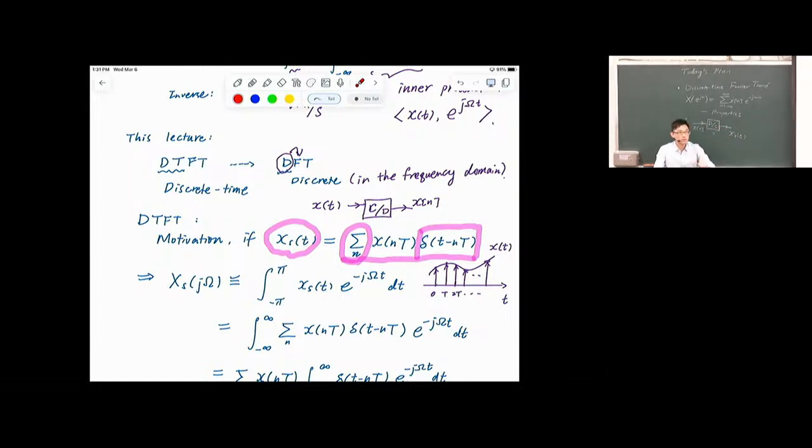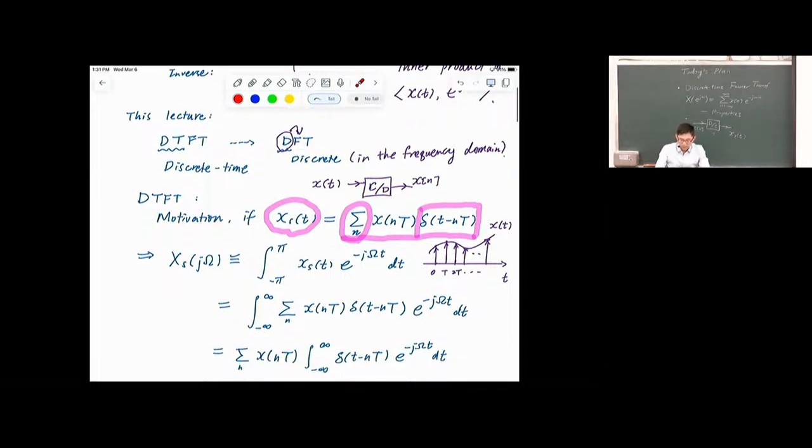But this time, let's just plug the sampled signal into the definition of Fourier transform. So we go from small x to big X. This is the convention of our notation.